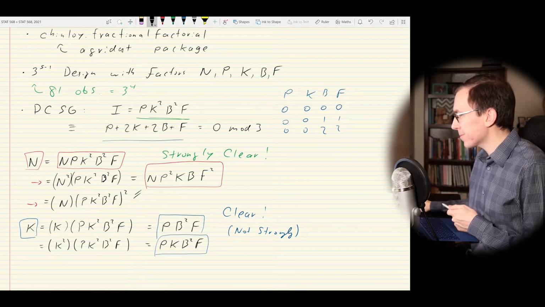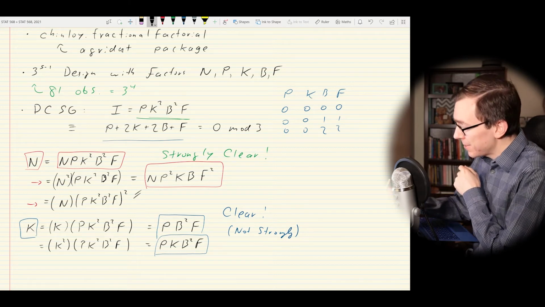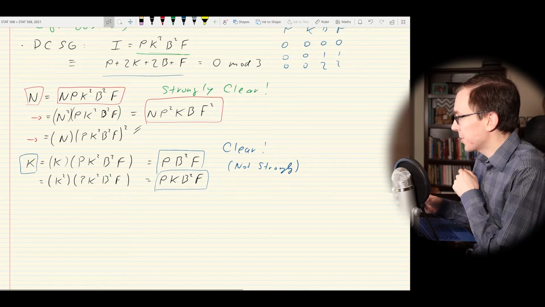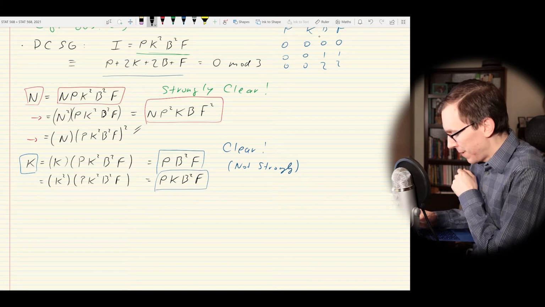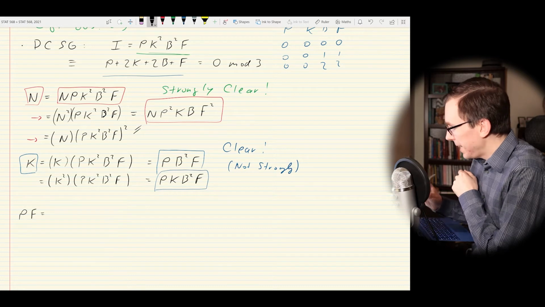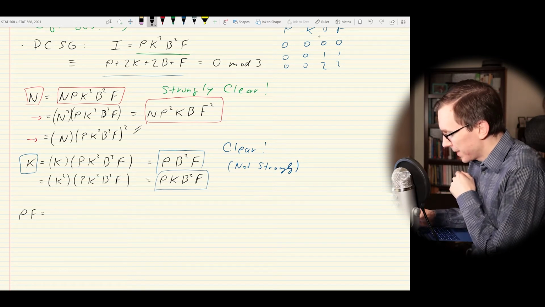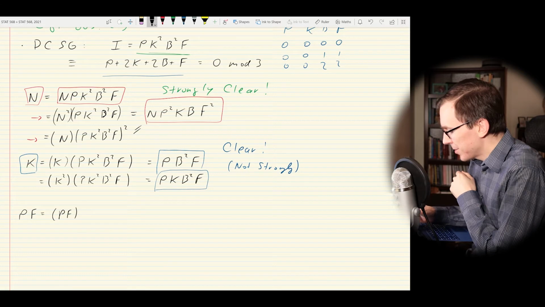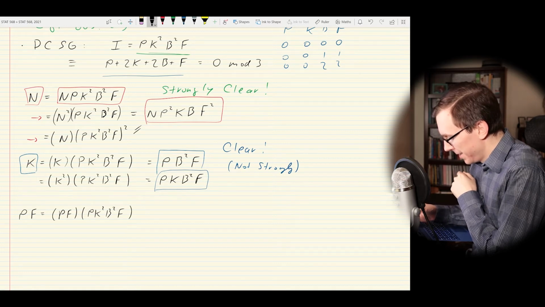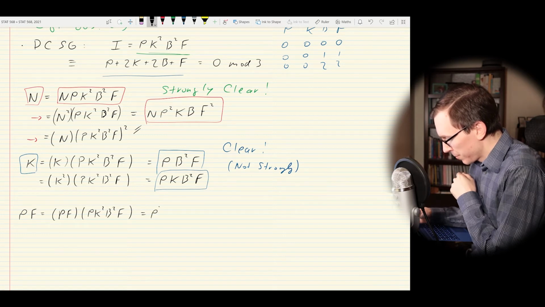Now, one of the interesting things I do want to note about the two-way interactions is what we find with things like if we have a PF. Well, PF here, what's that going to be aliased with? That is going to be aliased with whatever PF times P K squared B squared F is, which in this case is going to be a P squared and F. I think I'm getting that out of order, but that's okay.